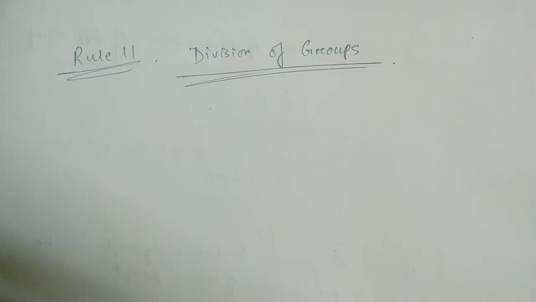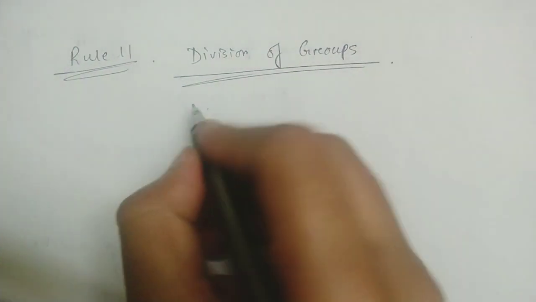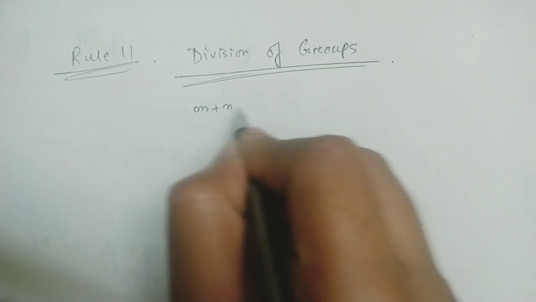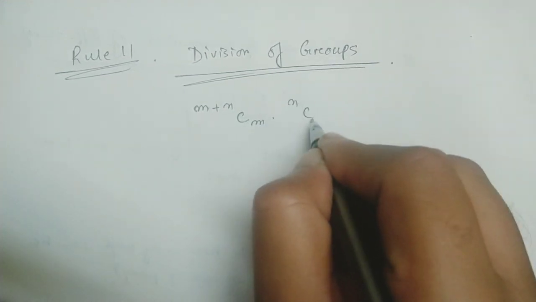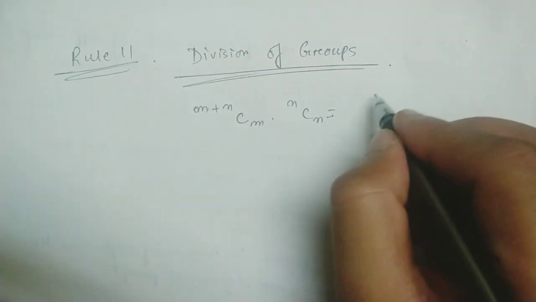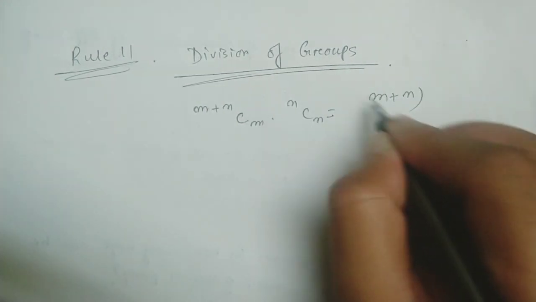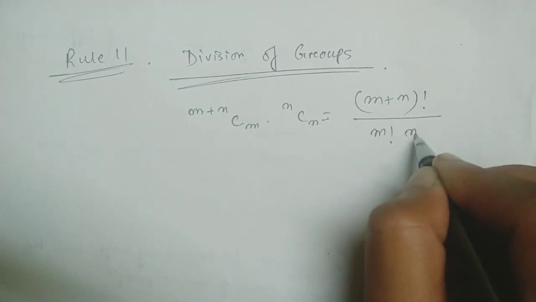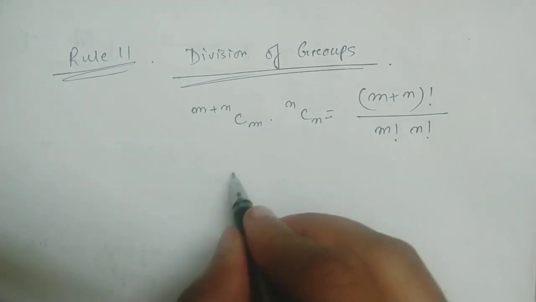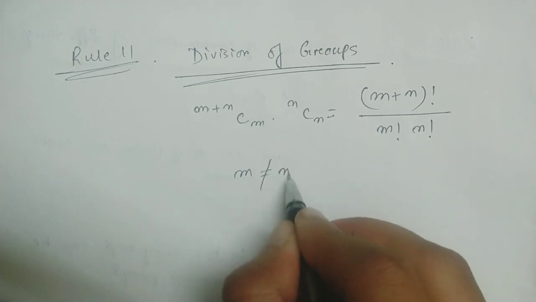It says that (m plus n)Cm into nCn will be equal to (m plus n) factorial divided by m factorial n factorial, where m is not equal to n.